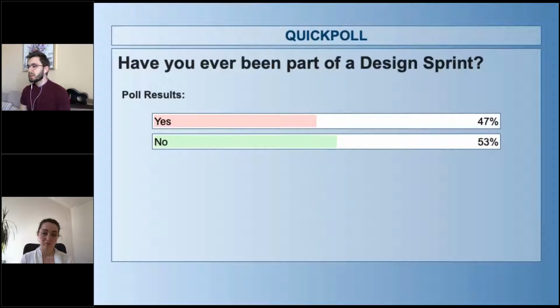To understand the whole concept of design sprints, I think we should first get familiar with the larger concept on which design sprints are built. George, you might want to reshare your slides. I think we still see the poll for whatever reason. Let me just get back to it. So many screens. It's one of the joys of working from home, right?